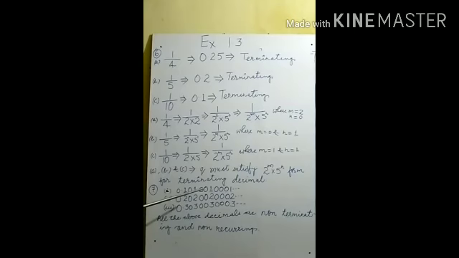Again, we can classify non-terminating decimals into two divisions. What are the two divisions here? First one is non-terminating repeating and second one is non-terminating non-repeating, or you may say non-terminating non-recurring. Both terminologies can be used here.